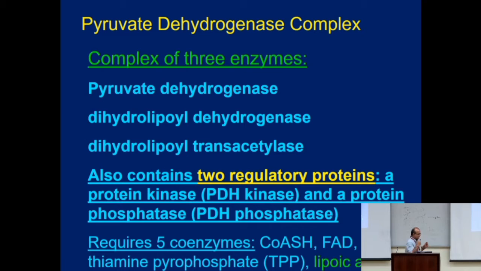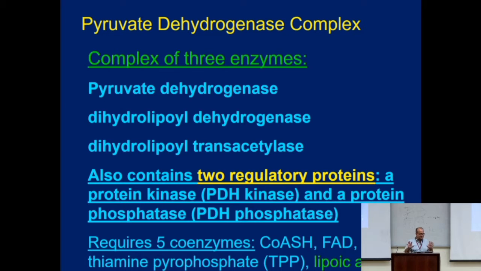So this complex contains 5 enzymes and 5 coenzymes. Okay?